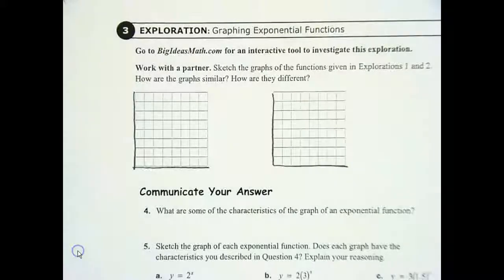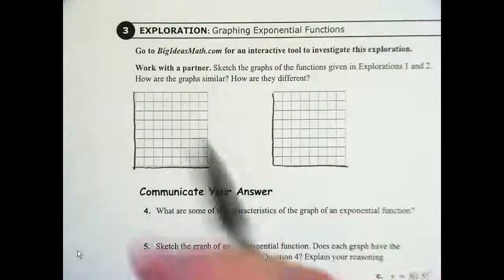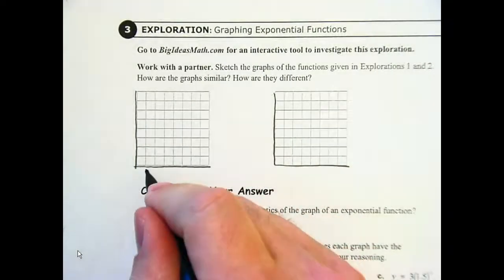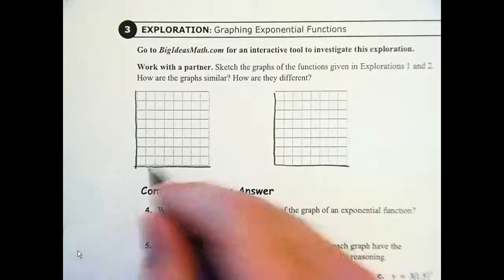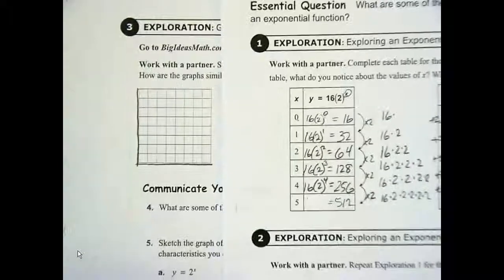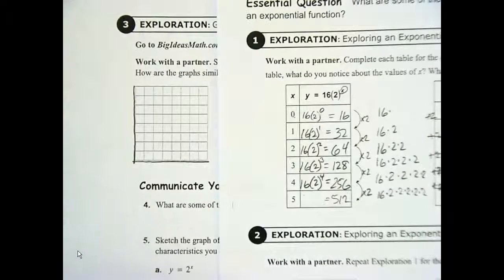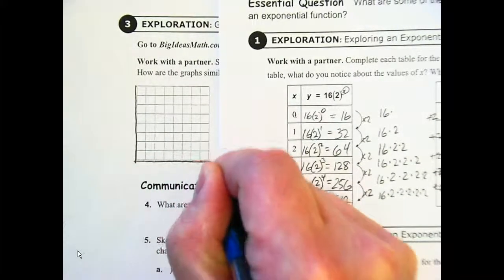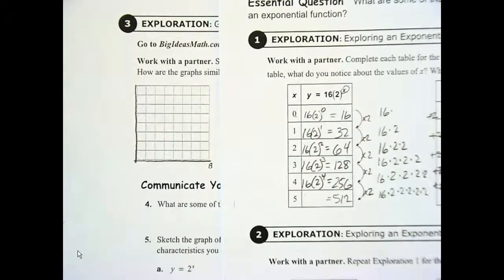I don't necessarily expect you to be done yet, but one of the problems becomes, what do you want your scale to be? What intervals do you want to go up by? On the x-axis, what should we go up by if we're using this first table here? Probably 1s. 1, 2, 3, 4, 5, 6, 7, 8. You could either mark 8 there, or if you don't put anything, it's assumed you're going up by 1s.